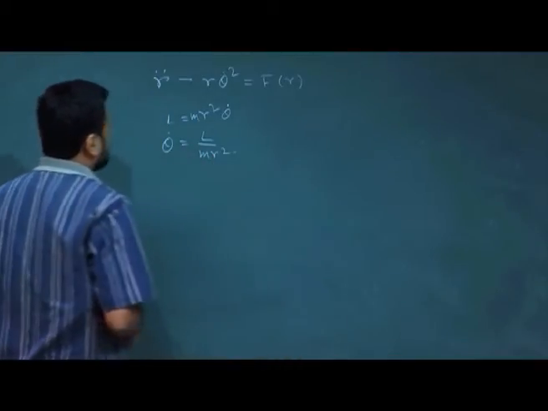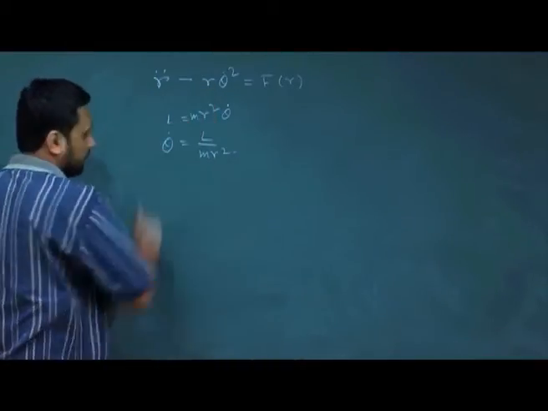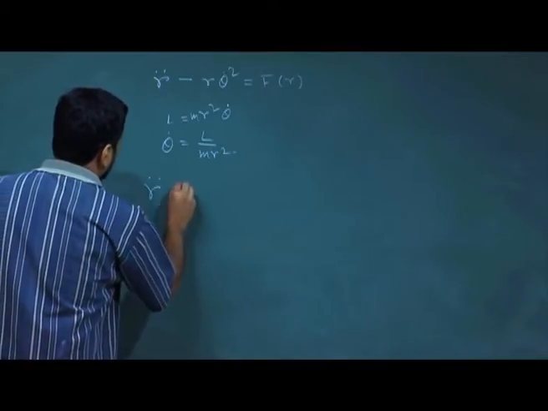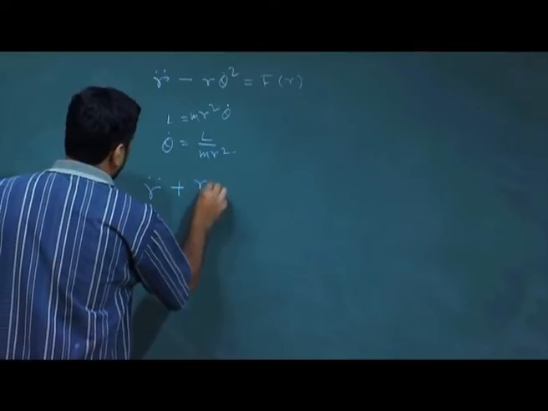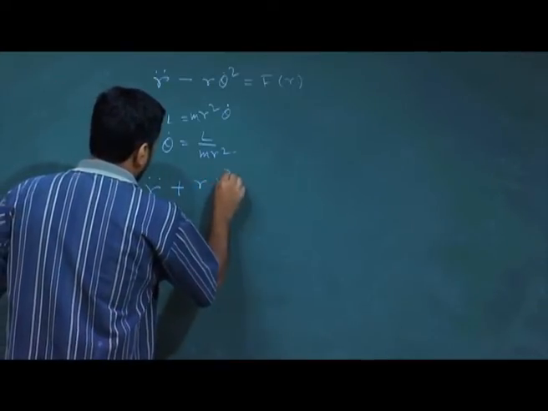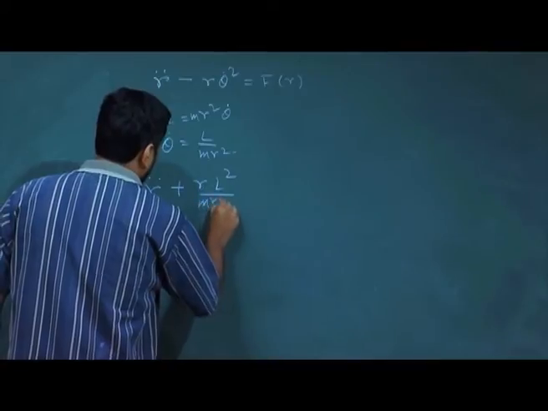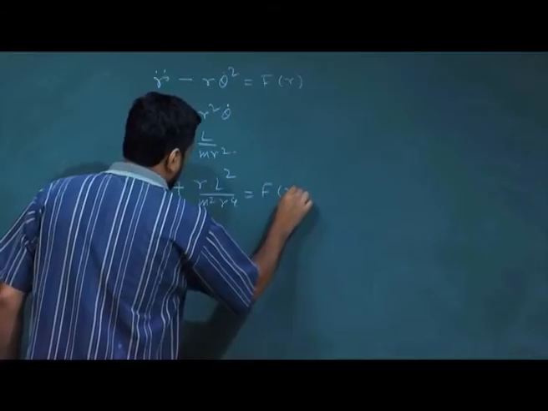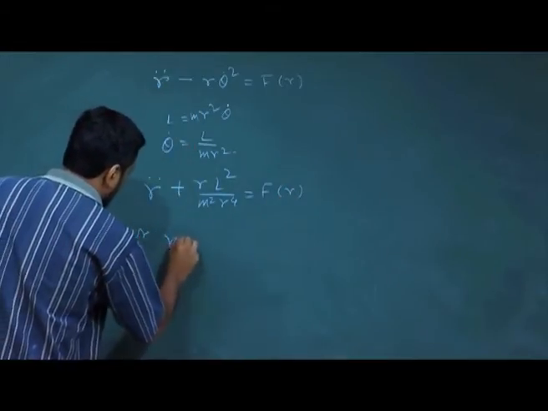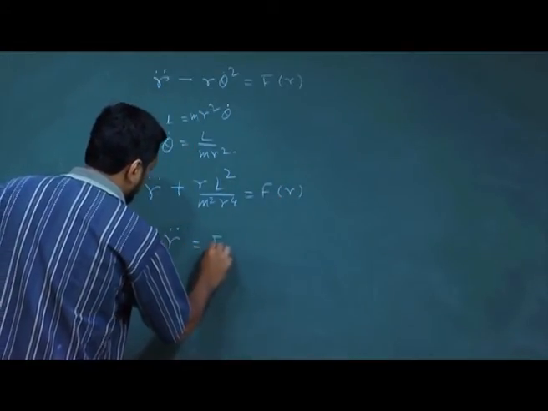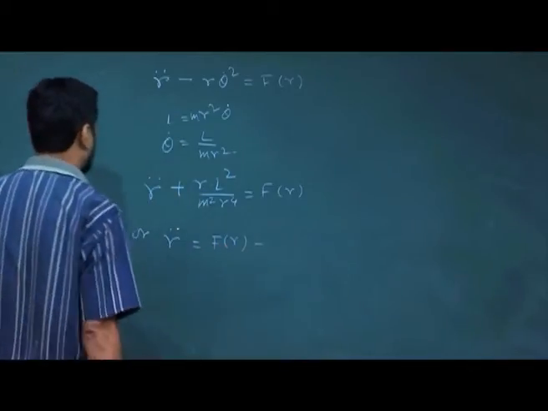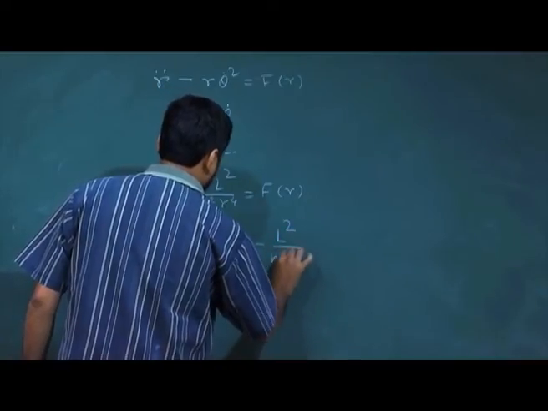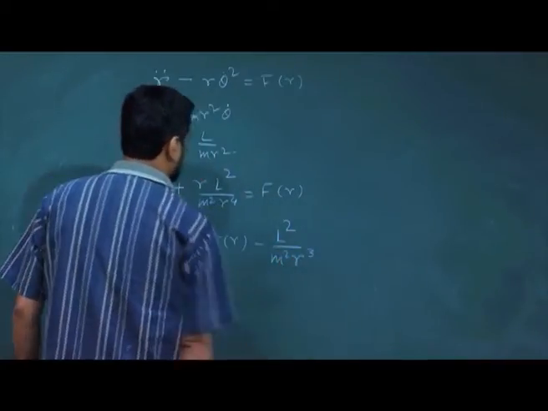Now, if you substitute for this particular term, then we get r double dot plus r into L square by m square r to the power 4 is equal to f r, or r double dot is equal to f r minus L square by m square r cubed.